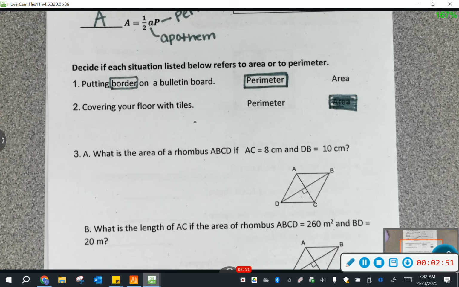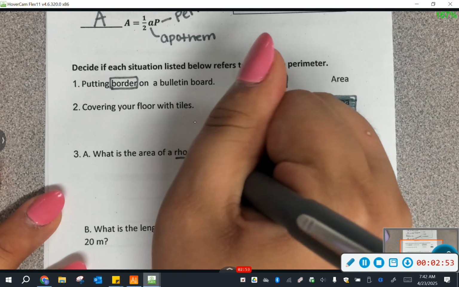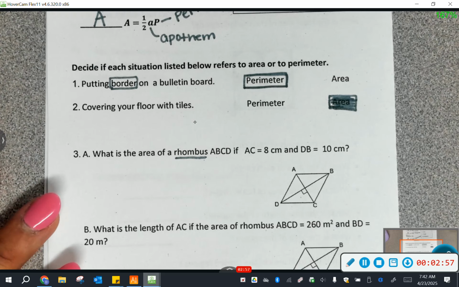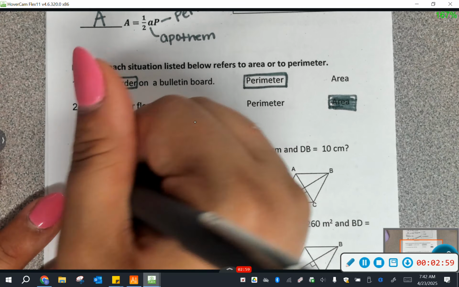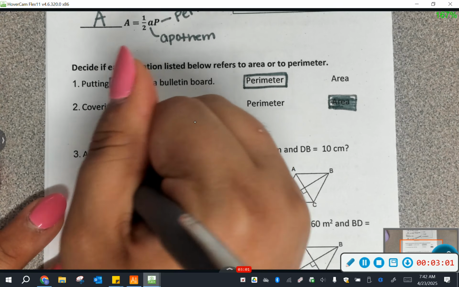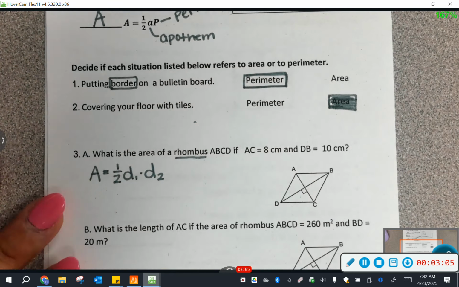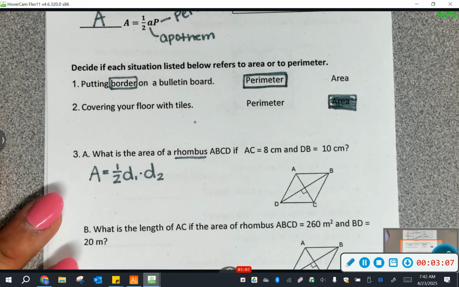Next. What is the area of a rhombus? I'm telling you it's a rhombus before I even look at anything. What is my formula for a rhombus? I'm just going to put the 1/2. It does not matter if you do the divided by 2: diagonal 1 times diagonal 2 divided by 2, or 1/2 diagonal 1 times diagonal 2.